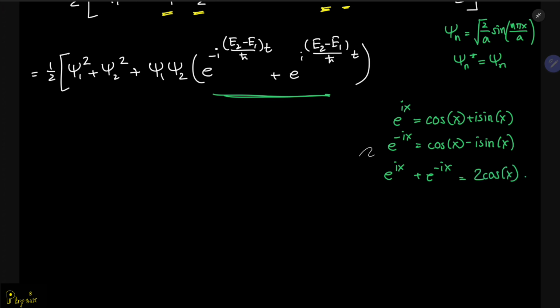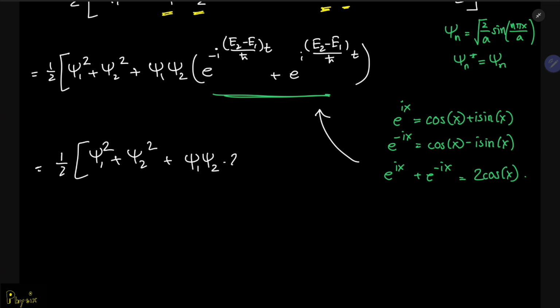And we're going to use that relation over here, and we will get that this has the form of 2 cosine of (E2 minus E1) t over ħ. We write this down over here, times 2 cosine of (E2 minus E1) over ħ, and I should write a t inside like this, and close the parentheses.